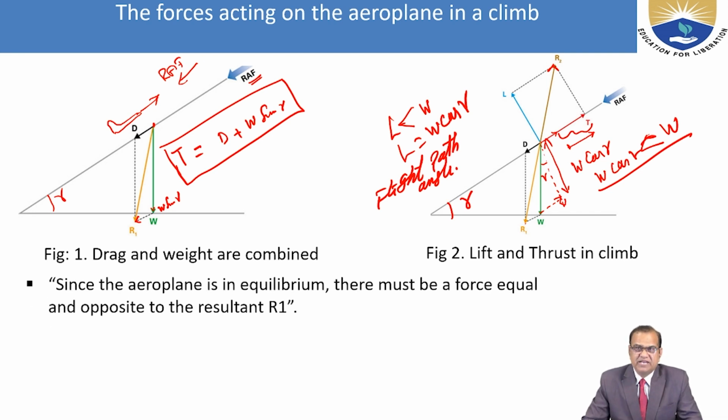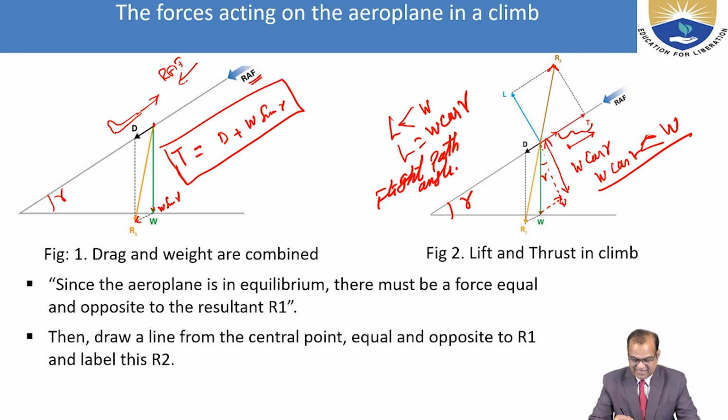Since the airplane is in equilibrium, there must be a force equal and opposite to the resultant force R1 here. So we have drawn another diagram where R1 is equal to R2, and then we can find out the components. Draw a line from the central point equal and opposite to R1 and label this as R2.